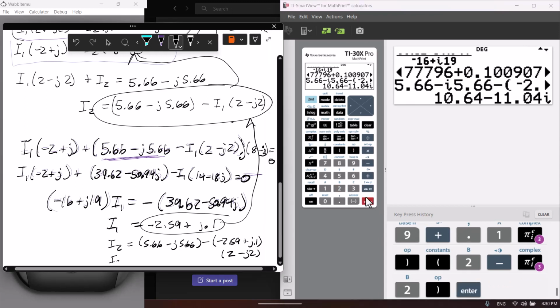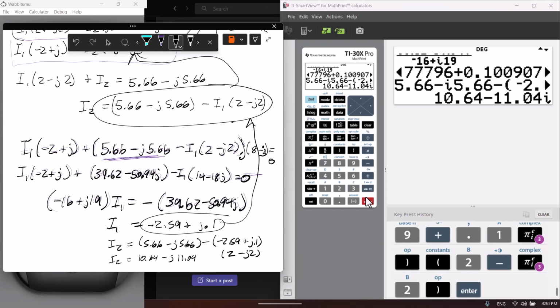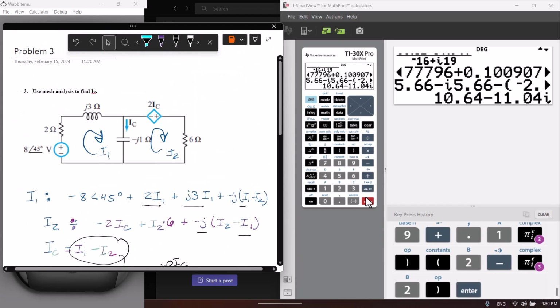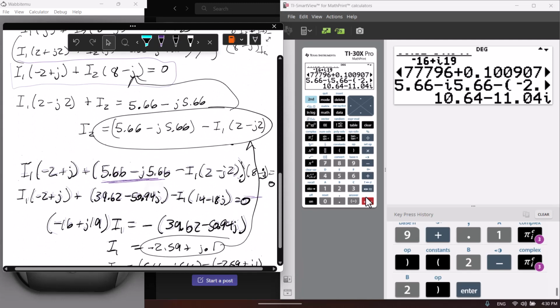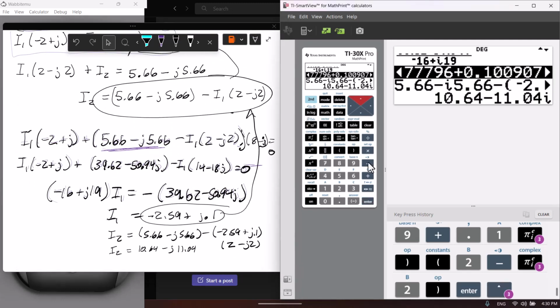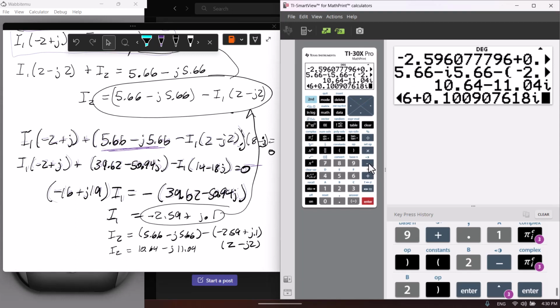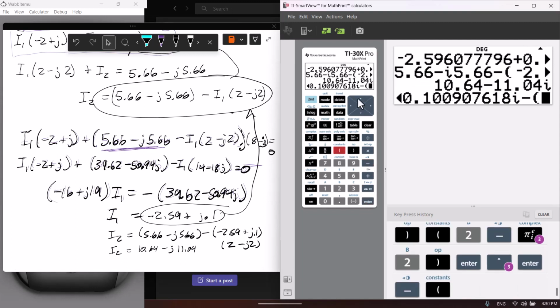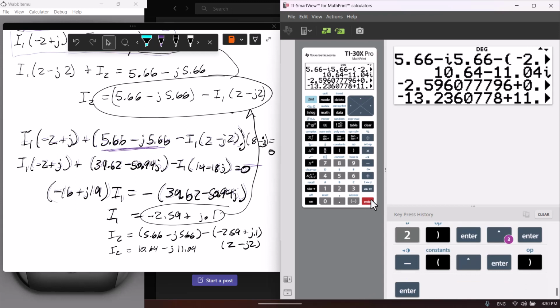So I get I2 equals 10.64 minus j11.04, and IC was I1 minus I2. I have to remember that when I'm using rectangular coordinates, I always have to put them in parentheses when I'm subtracting or multiplying or dividing.